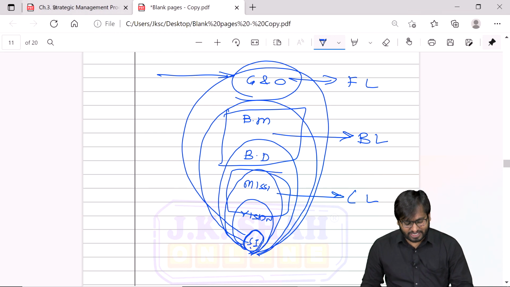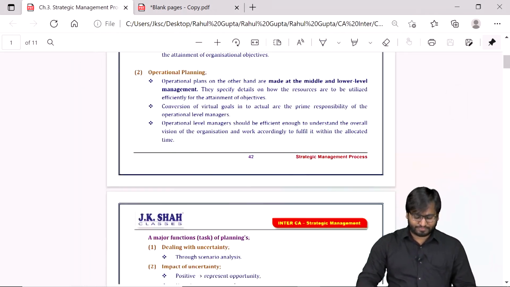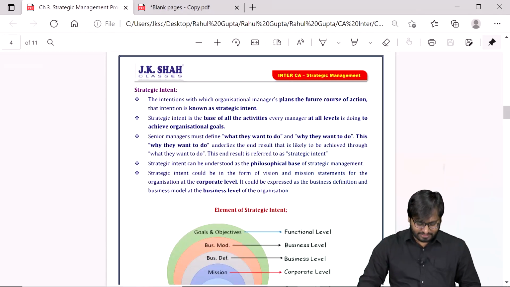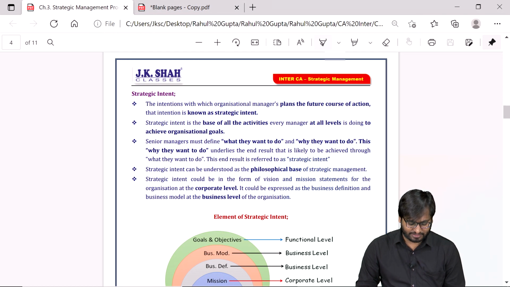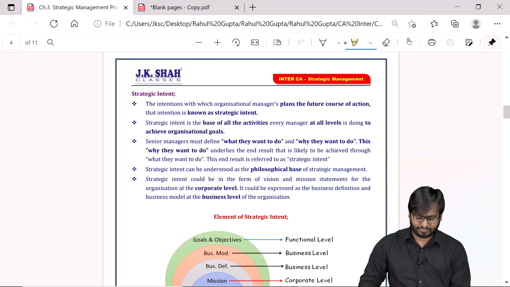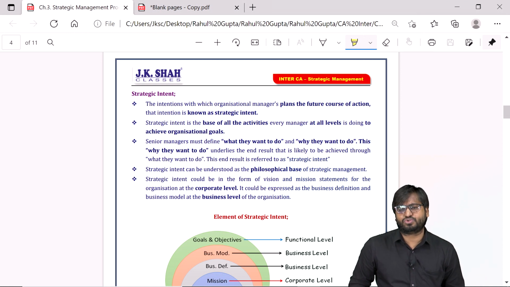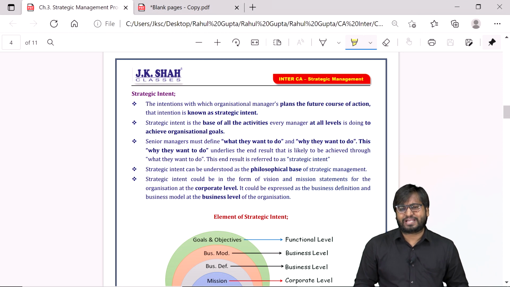So let's try to read this, guys. Let's talk about strategic intent. The intention with which an organization plans the future course of action is known as strategic intent.